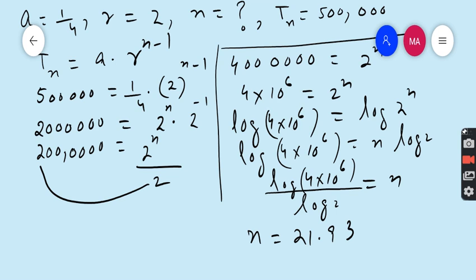And you know, the number of terms can never be in decimal form, so n should be 22. So at this term, the value exceeds 500,000.